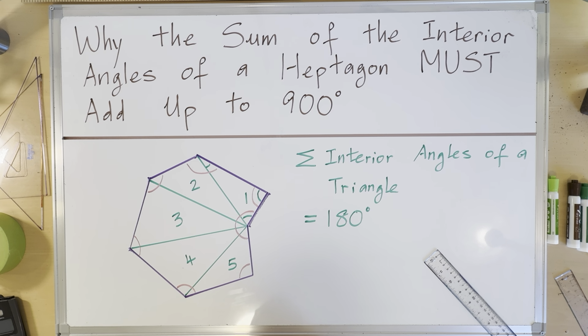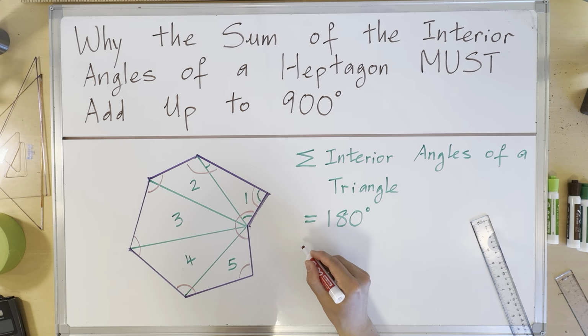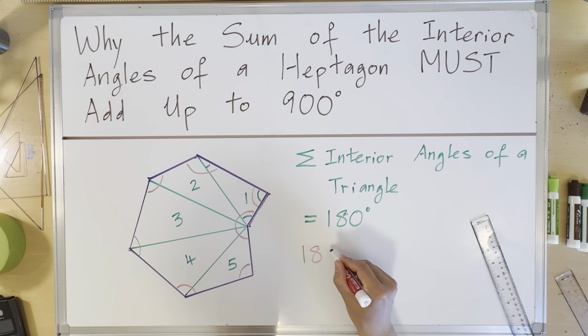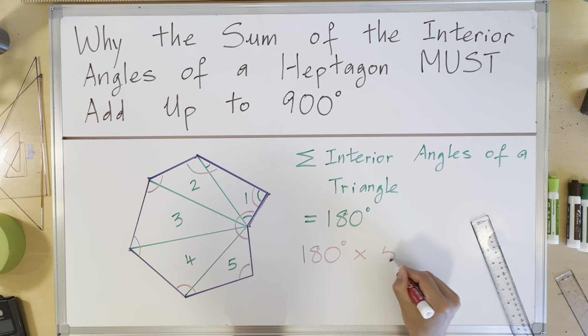So therefore, the sum of the interior angles of a heptagon must be equal to 180 degrees times 5. Why 5?